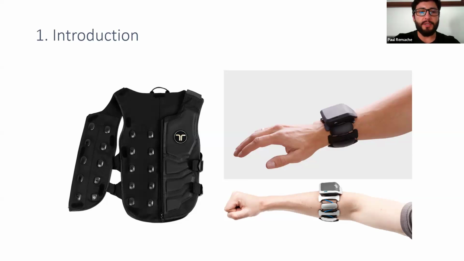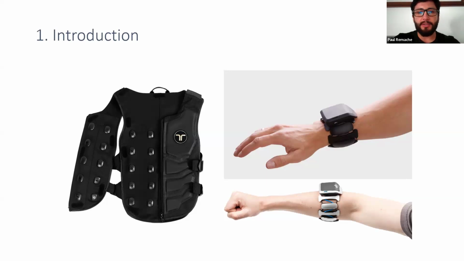We can see here a couple of pictures of commercial devices that you can find on the web. One is quite a big device, where you find a lot of vibrotactors or actuators which vibrate and convey information. These are devices usually found in virtual environments.